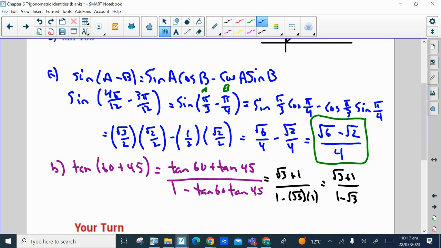In this case, though, the denominator is a binomial, 1 minus root 3. So in those cases, to rationalize the denominator, we multiplied top and bottom by the conjugate of the denominator. When you factor difference of squares, you get conjugates: same two terms, opposite sign in between. So we need to multiply bottom and top by the conjugate of 1 minus root 3, which would be 1 plus root 3.